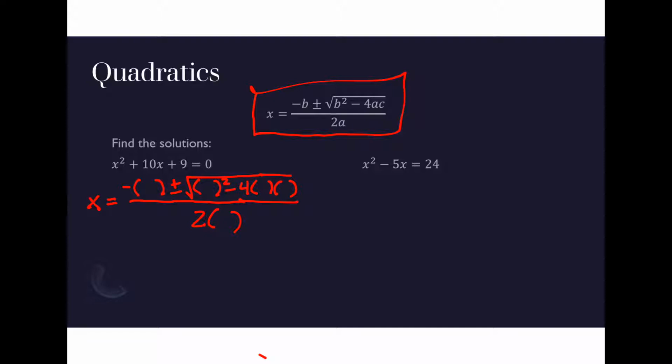For this first equation, we see that there's no number here in front of x. At least it's not written, so we always assume that's a 1. B is going to be positive 10, and C is going to be 9. So plugging these in, I'm going to use a different color, we see negative B. This is the one that you need to be always cognizant of, because B can be positive or negative.